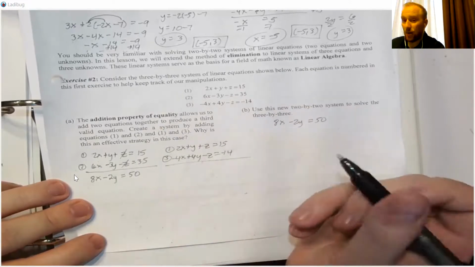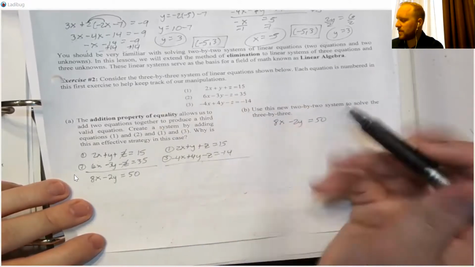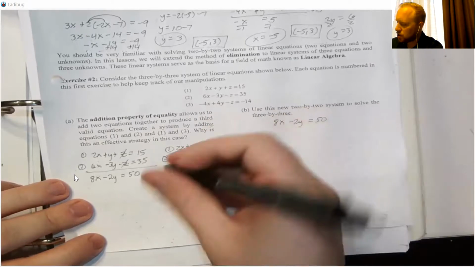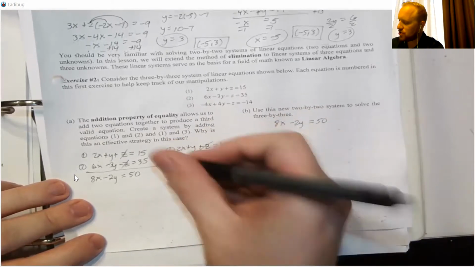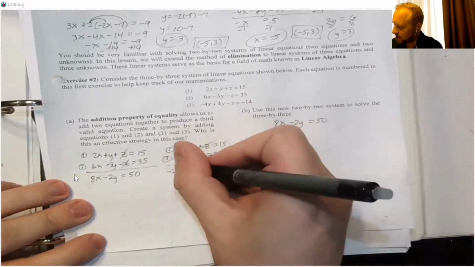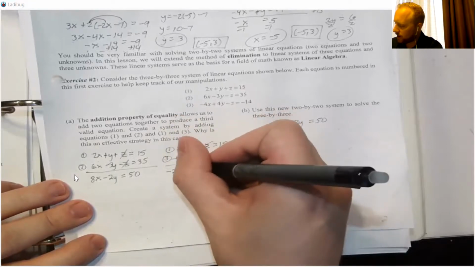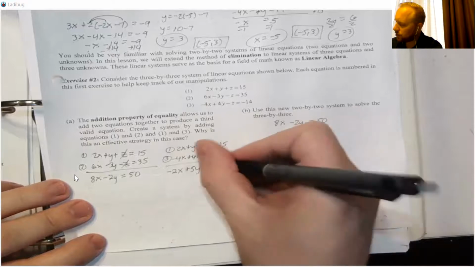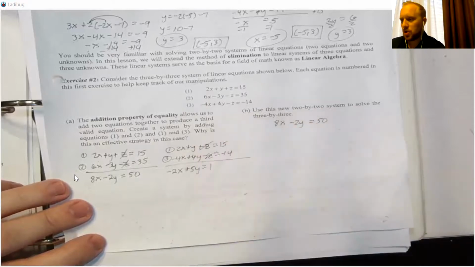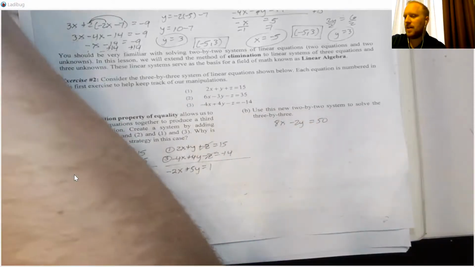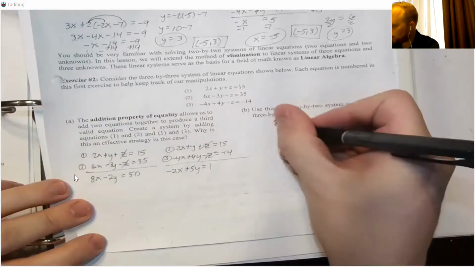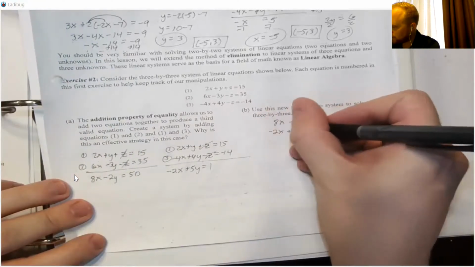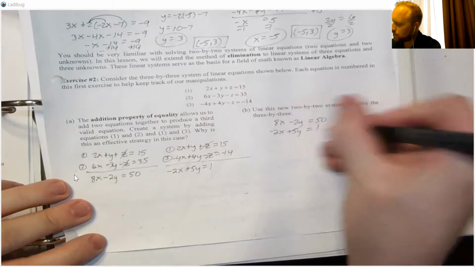Notice we use that one because, look, positive z, negative z. This eliminates z, so we have -2x, because 2x minus 4x is -2x, 1y plus 4y is 5y, equals 15 minus 14, which is 1. Okay, so we have that equation. We're going to put that over here: negative 2x plus 5y equals 1.